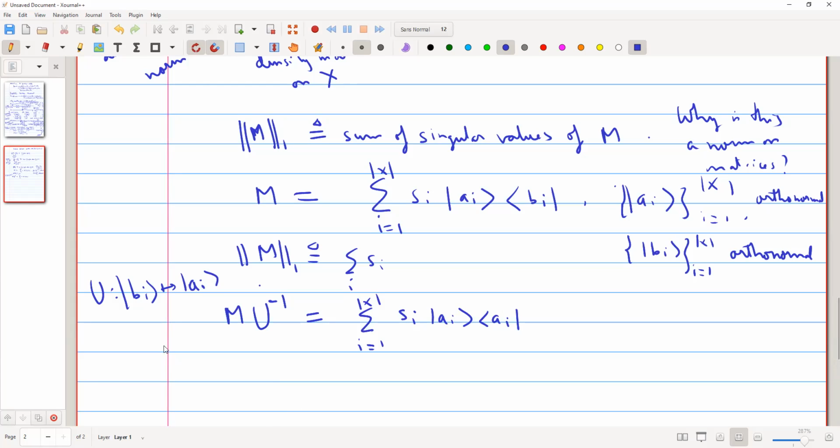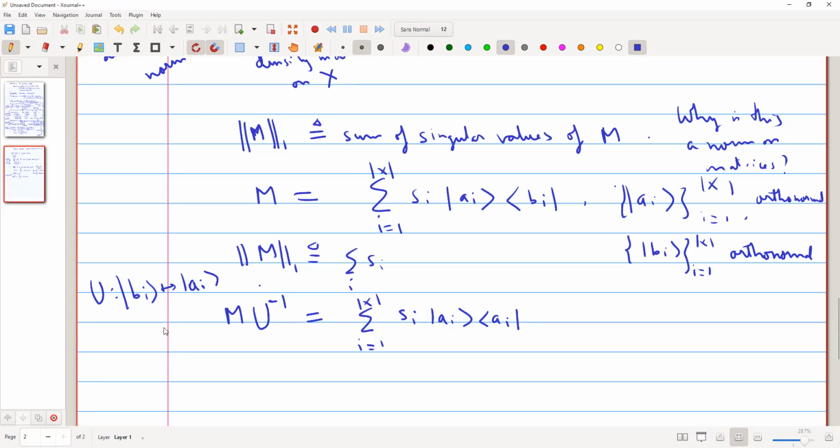So if I feed in A_1, U inverse will send A_1 to B_1, and M will send B_1 to A_1 times s_1. And that's exactly what I do. A_1 goes to A_1 times s_1. Similarly, A_2, A_3.